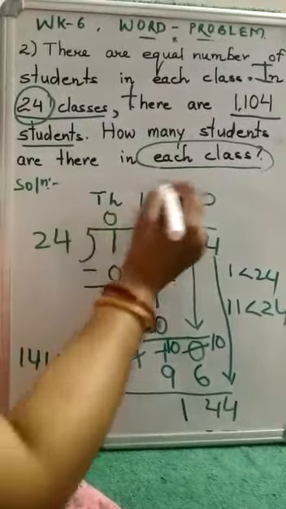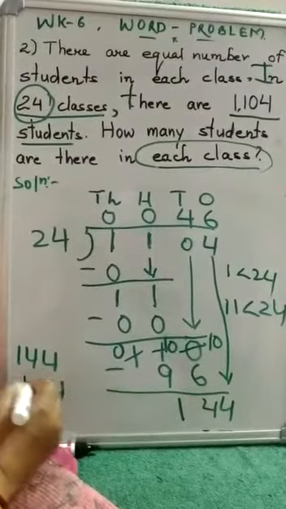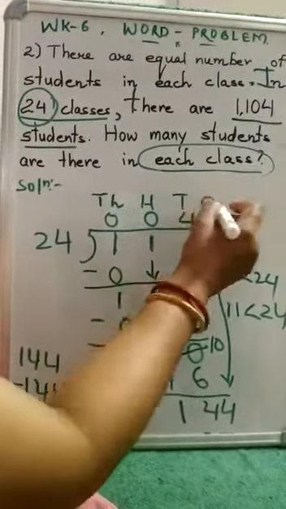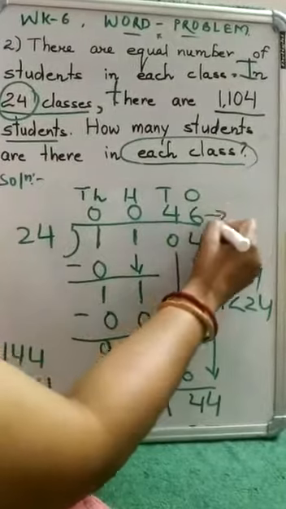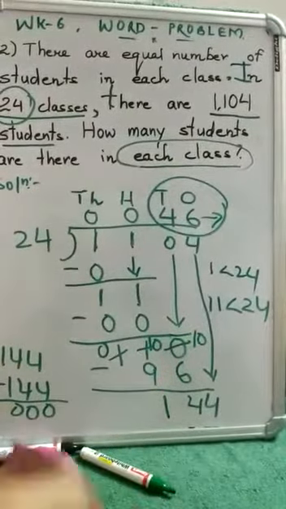So 24 6s are 144. So I will subtract. 0, 0, 0. So here the number of students in each class, this is the number of students, 46.